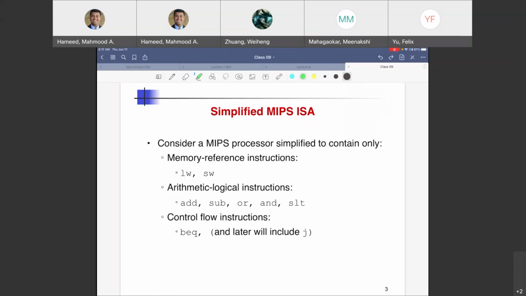Now, let's count these. How many instructions do you have here? 8 so far, right? The ALU is where your instructions are actually getting executed.